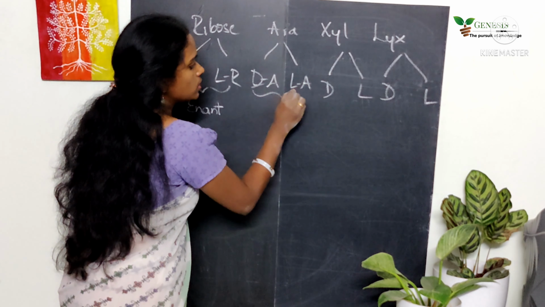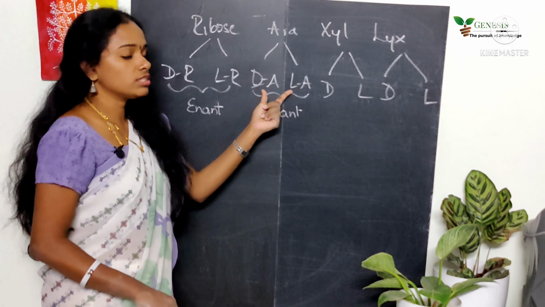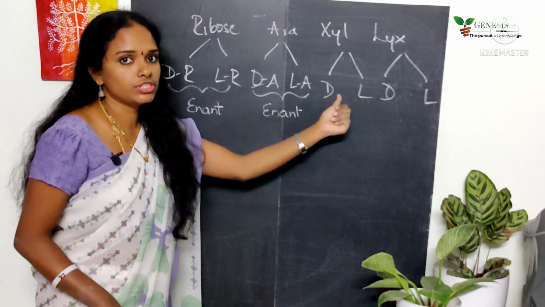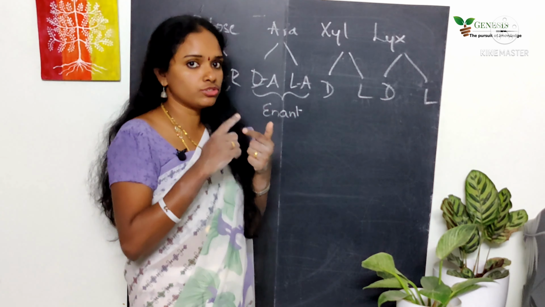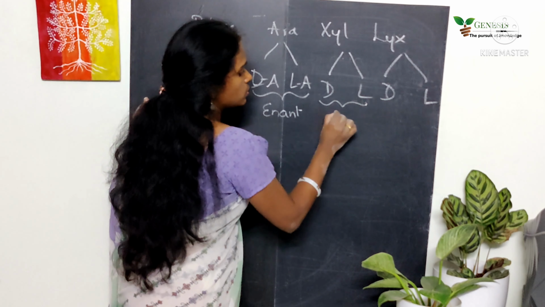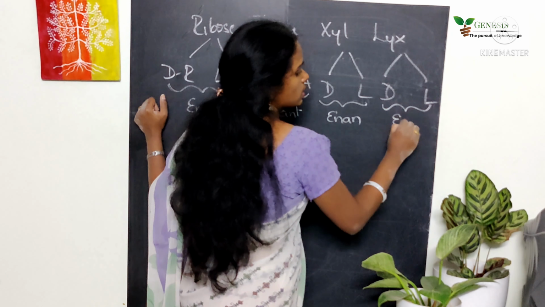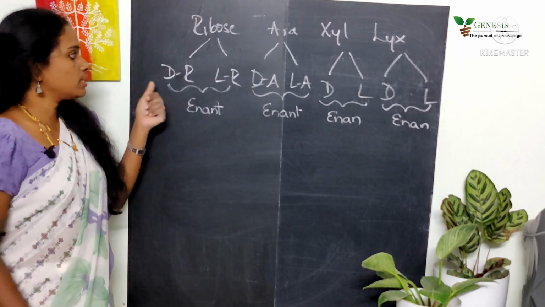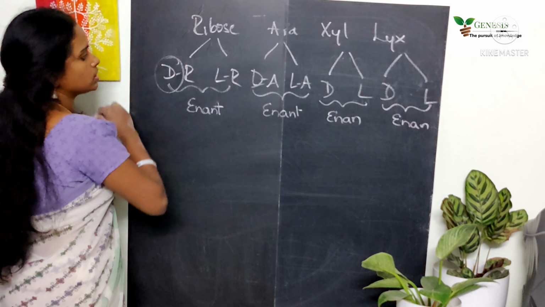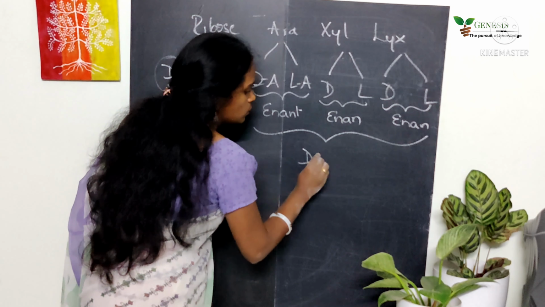Again here, these two are enantiomers, meaning they both are mirror images of each other. D-xylose and L-xylose are mirror images of each other, so these two are enantiomers. Again, these two are enantiomers. But for D-ribose, the remaining forms will be diastereomers.